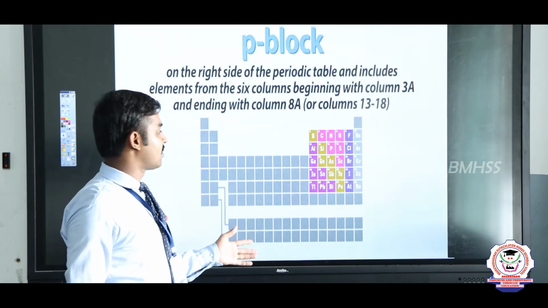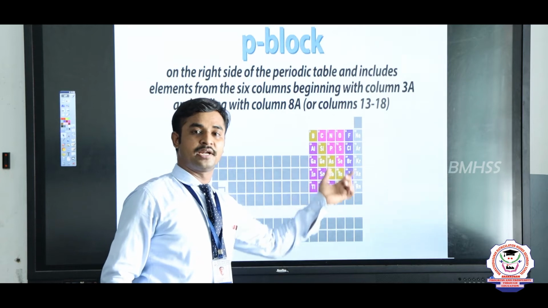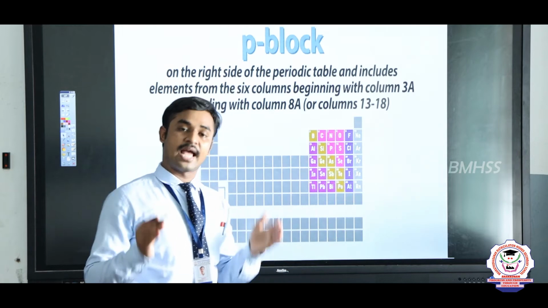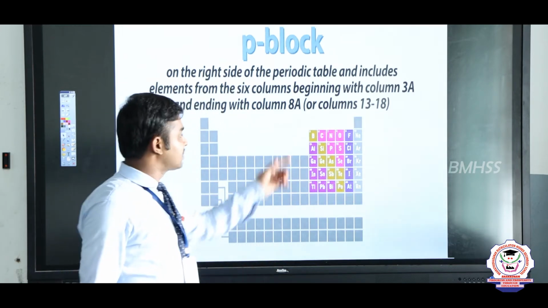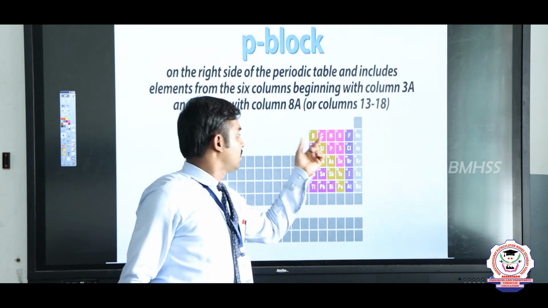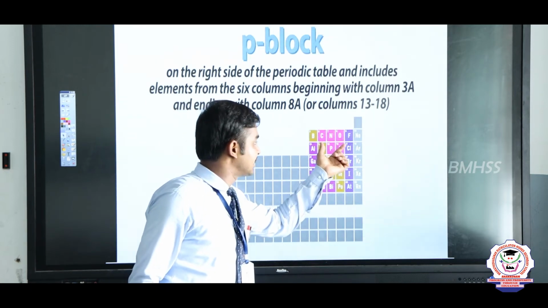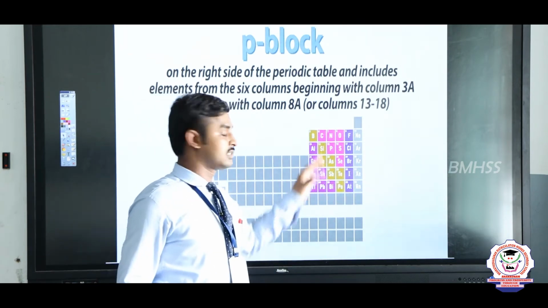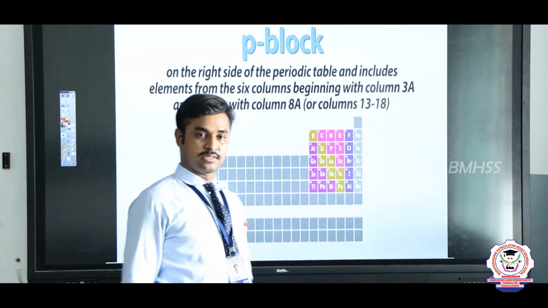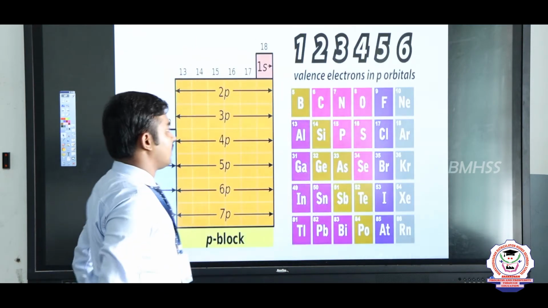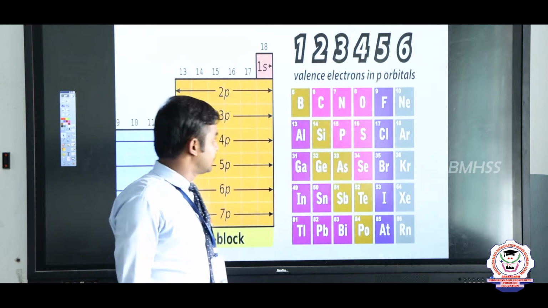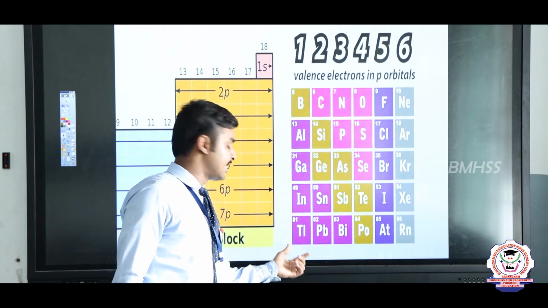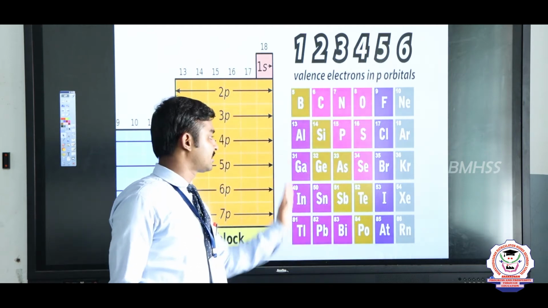The P block elements are on the right side of the periodic table, in which groups 13 to 18 are called P block elements. The first elements in the P block are boron, carbon, nitrogen, oxygen, fluorine and neon. This block contains boron, aluminum, gallium, indium and thallium in the first group.